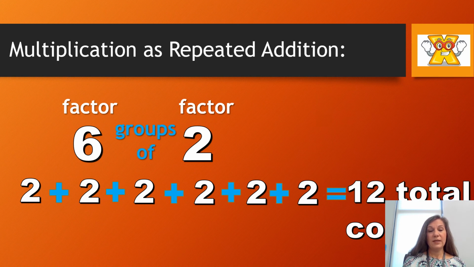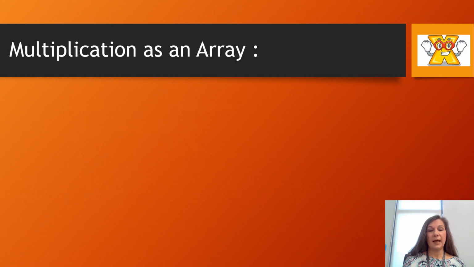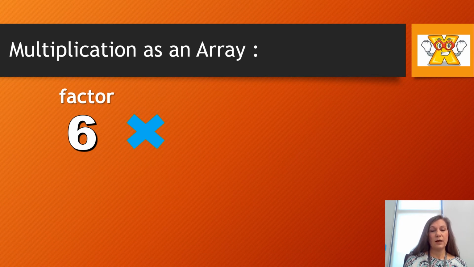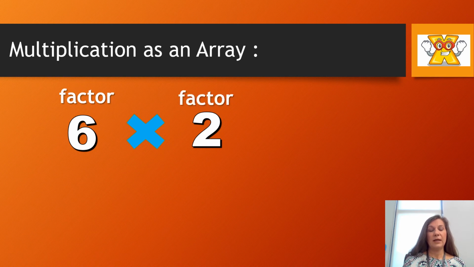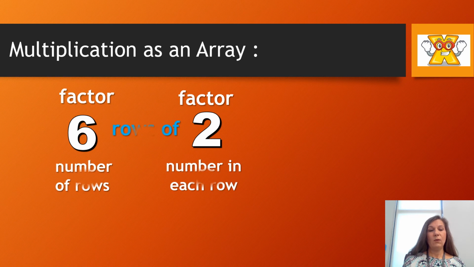Now, if we take this concept and again relate it to an array, we still have 6, but in this case, our factor is telling us how many rows. We have our multiplication symbol, which is telling us rows of, and our second factor is telling us how many are in each row. So now we could say we have 6 rows of 2.